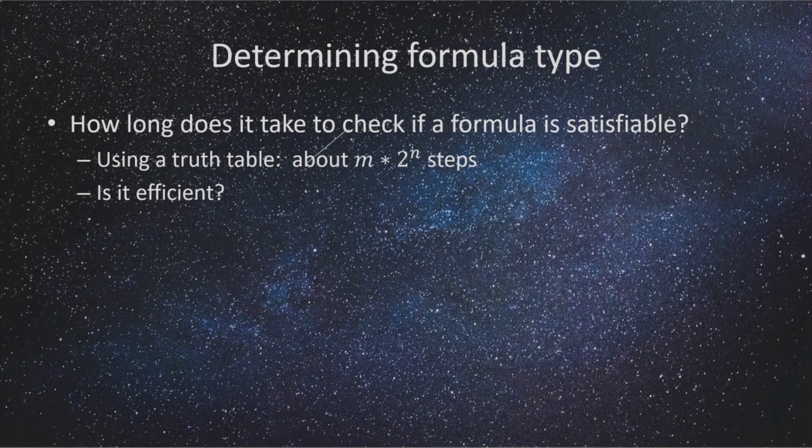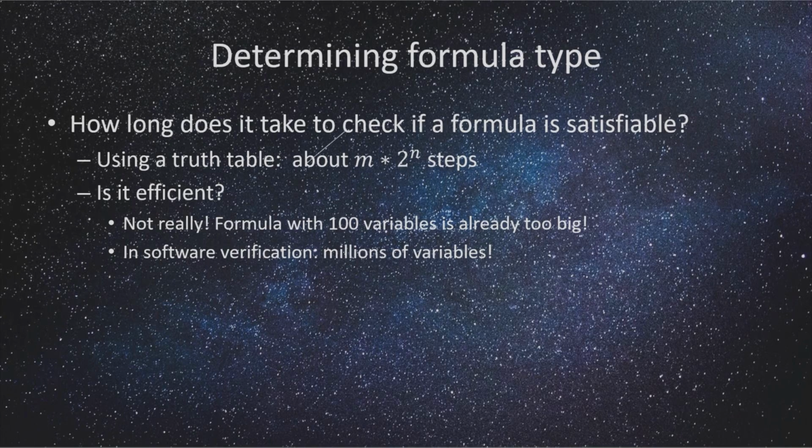So let's go back to our formulas and see how this relates. We ask, is it efficient to evaluate a formula with n variables? If you have a formula with 100 variables, like the formula describing the specification for an aircraft, which would probably not even have 100, probably more like millions of variables, that would already be way too long and way too much.